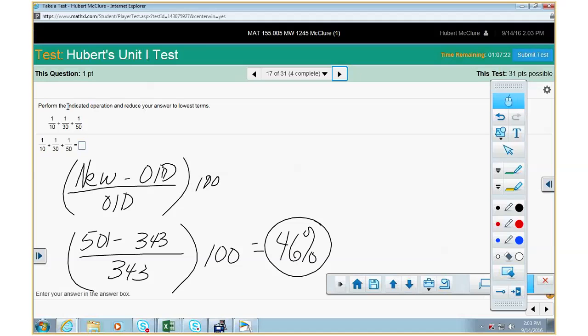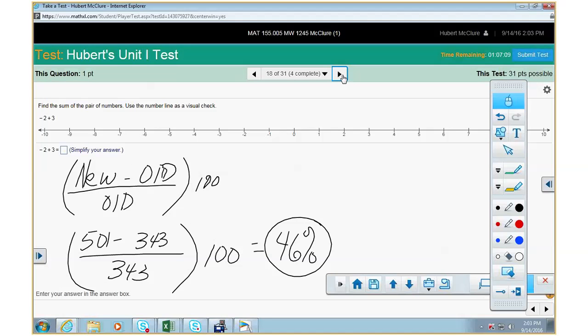Okay. 1 over 10 plus 1 over 30 plus 1 over 50. Common denominator, probably 300. Next question. You owe $2, you have 3. You have 1, so that's positive.